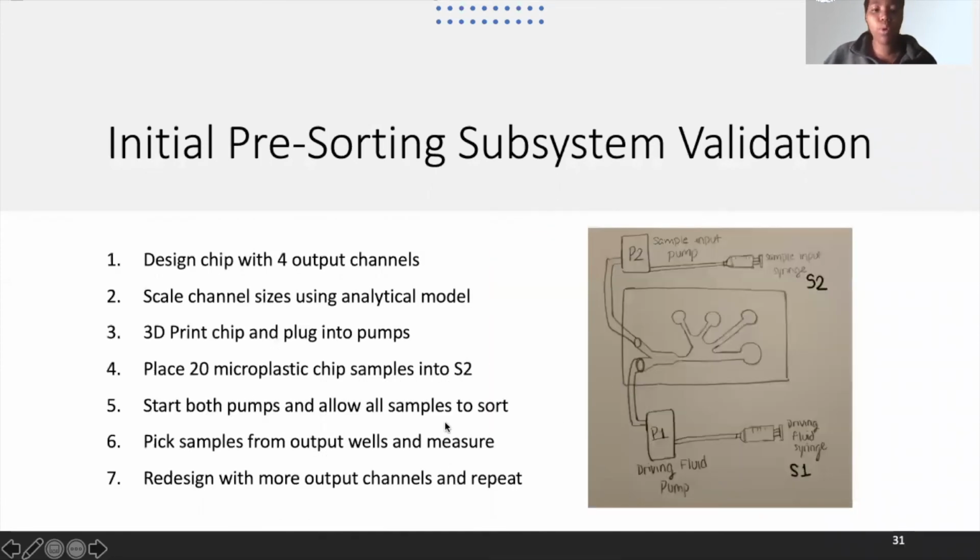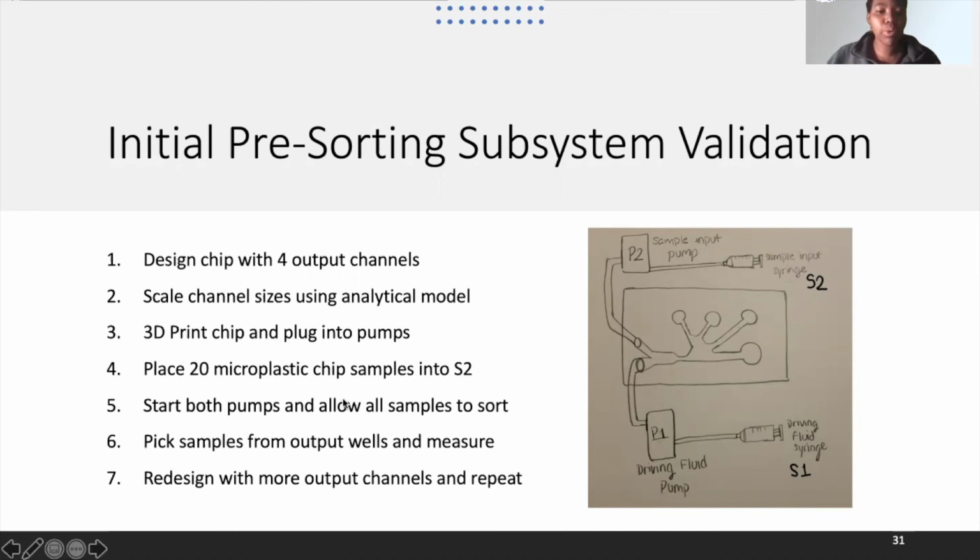To give a more specific example into how this is going to be done, we intend to have four output channels for four categories: smaller size, low density; smaller size, high density; larger size, low density; larger size, high density. And as we talked, the idea is to ensure that the system is able to sort this accurately.